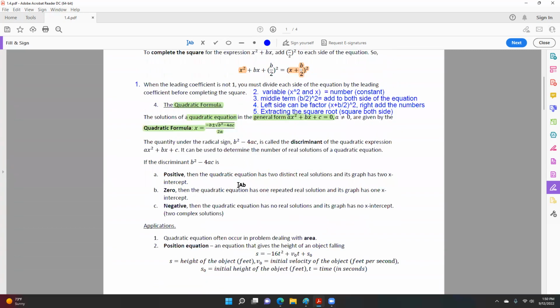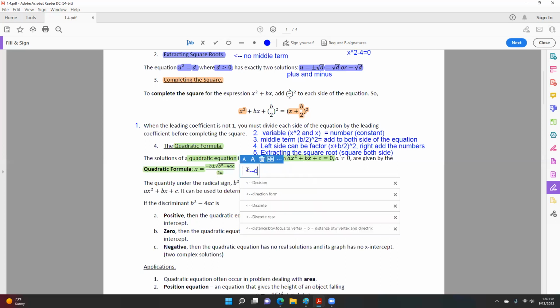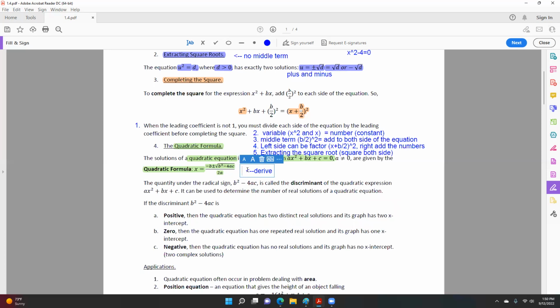Now, where does this formula come from? This formula actually derives from completing the square.